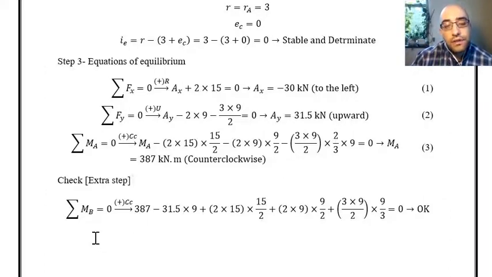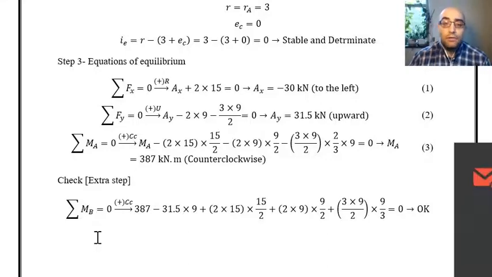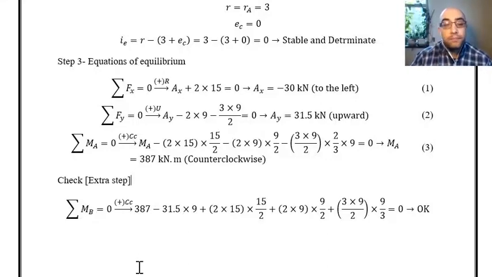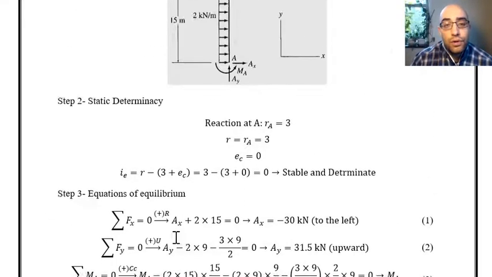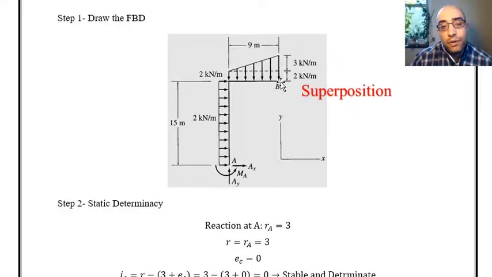I have this extra step, which is just checking whether the values are correct or not, and for that I can find the summation of bending moments about another point, which in this case we can say point B. Summation of bending moments about point B equal to 0.